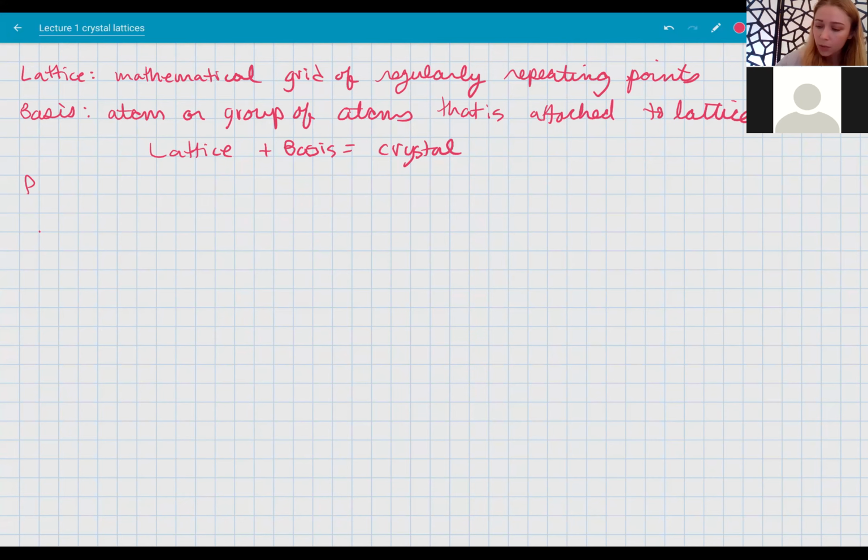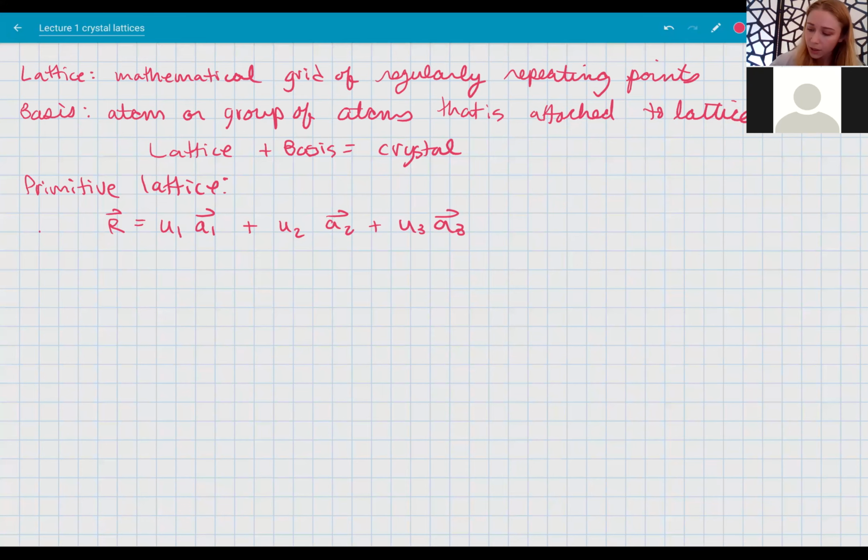So the next vocabulary word is primitive lattice. And this is a set of all lattice points with the following position vectors. The position vectors of these lattice points are given by u1, which is an integer, times the a1 vector, plus u2 times the a2 vector, plus u3 times the a3 vector.